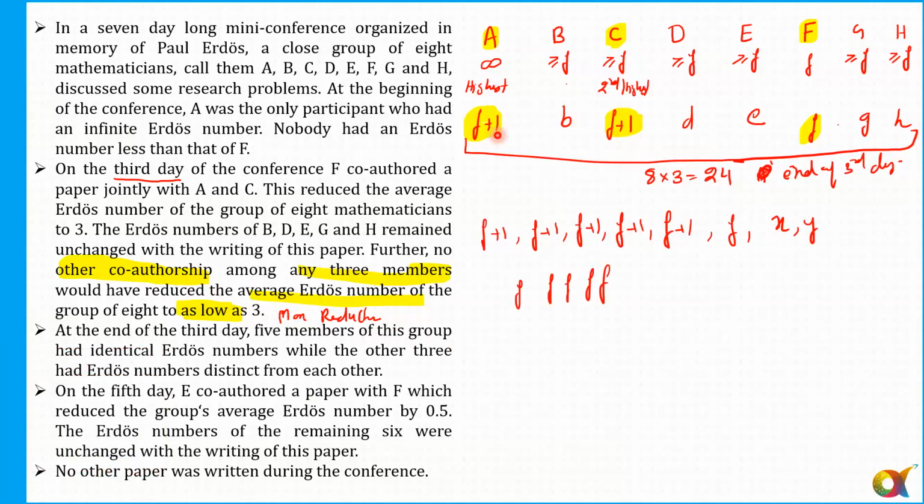So the only possibility is that out of these 8 numbers, 5 of the values are F plus 1. Because these 2 of them have got F plus 1, so these 3 more people have got F plus 1, this one has got F, and the other 2 people are X and Y. Any doubts to anyone now?